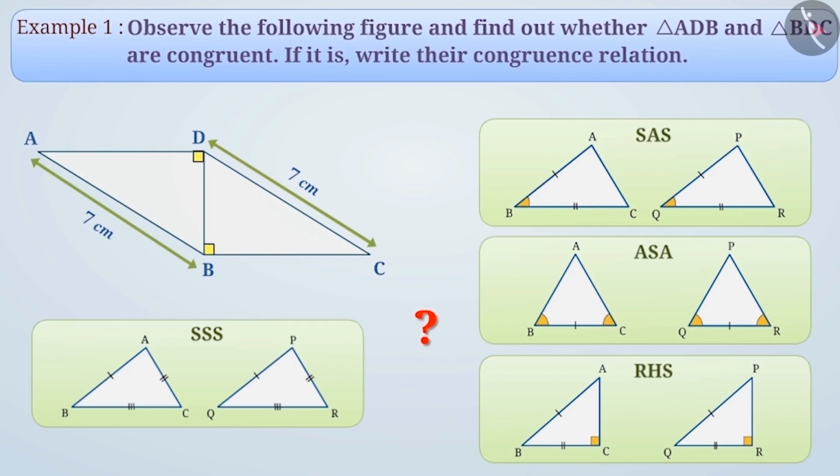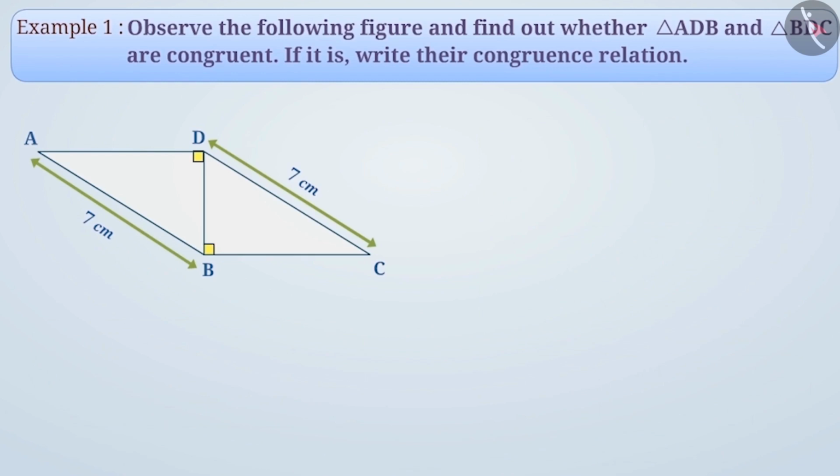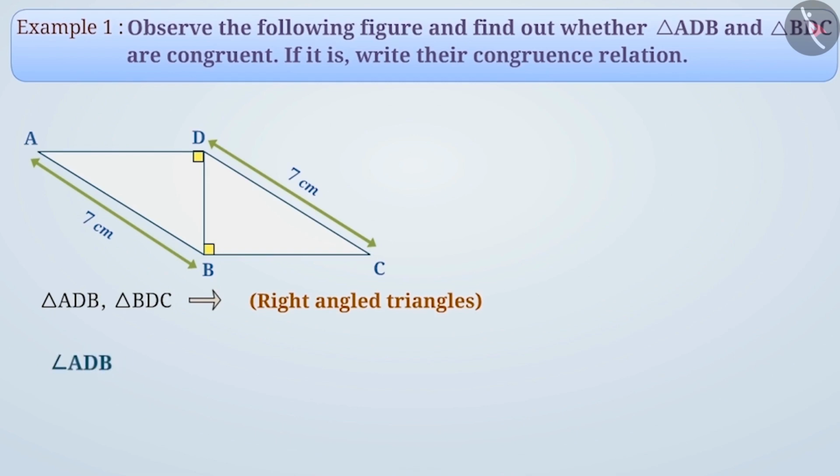Let us tell you. For this, we will first understand the given information. In the given figure, both triangle ADB and triangle BDC are right-angled triangles, in which we are given angle ADB is equal to angle CBD is equal to 90 degrees.